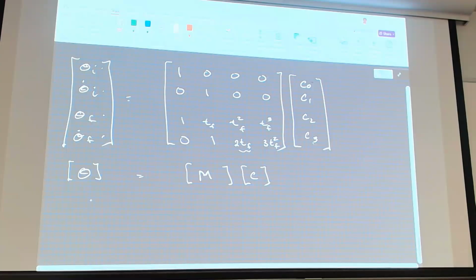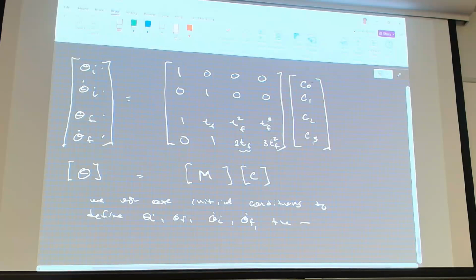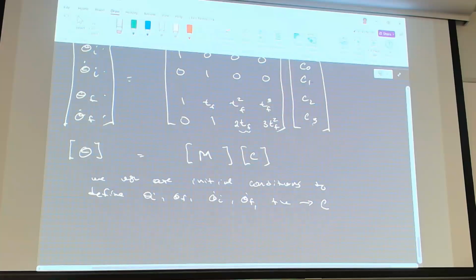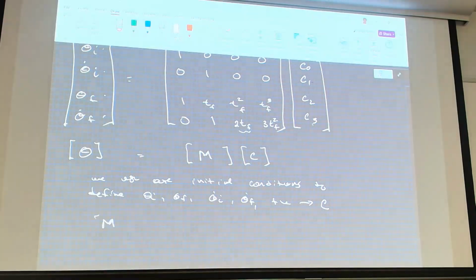So we use our initial conditions to define theta initial, theta final, theta dot initial, theta dot final, and time to get C. So if I do my matrices, I'm going to get M inverse times theta is going to equal C. Or you might actually write it like this.